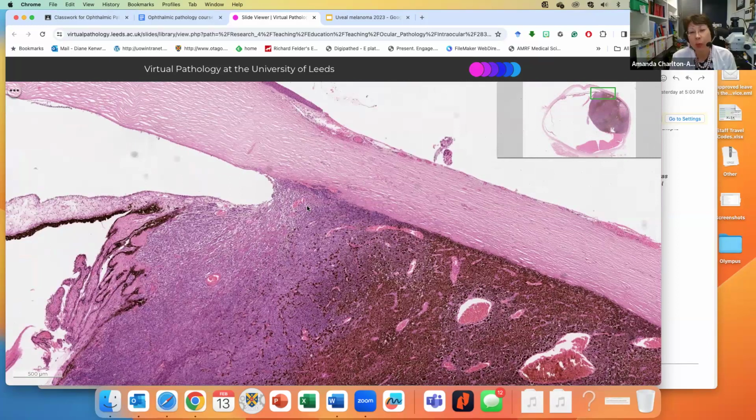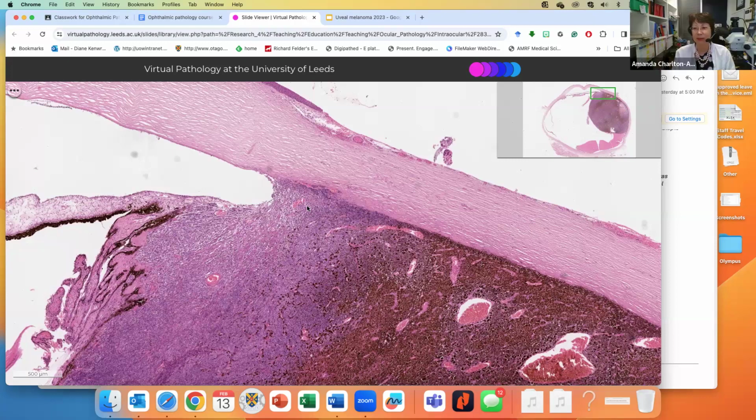So what if it wasn't producing pigment? If it wasn't producing pigment, my differential diagnosis might include a metastasis from a poorly differentiated carcinoma if the patient had a history of one, for example. And in that case, if it was amelanotic and there was a possibility it would be a metastasis, then I would definitely do a SOX10.